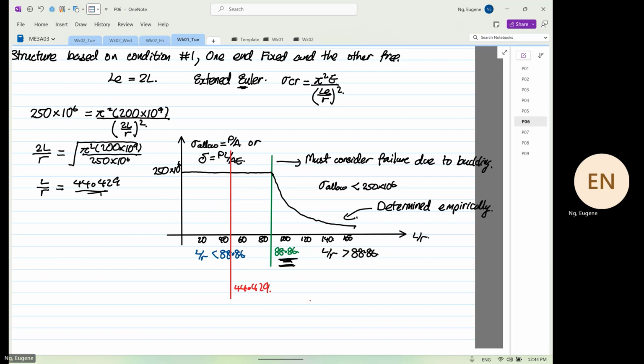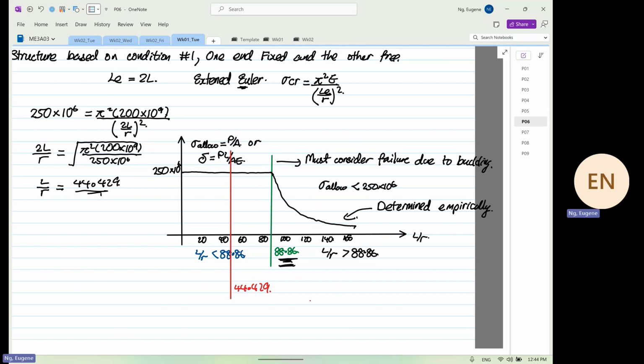Anyone? If one end is free and the other one is fixed, is the structure more prone to buckling or less prone to buckling? Higher tendency or lower tendency? Higher.